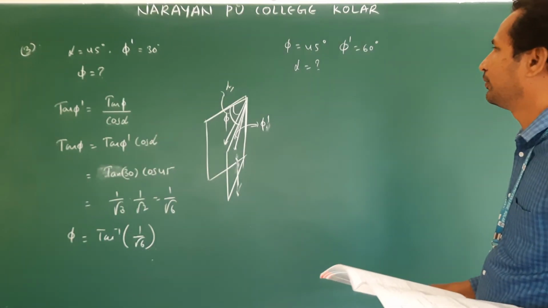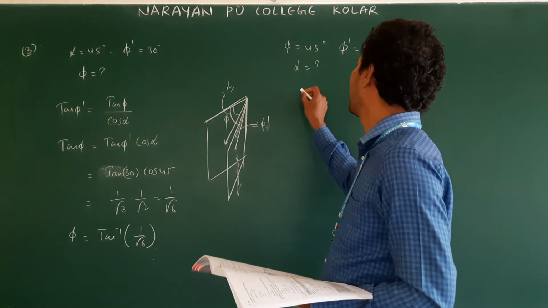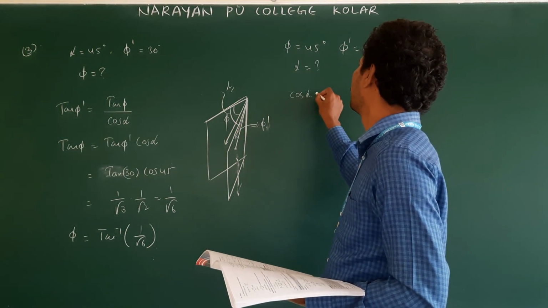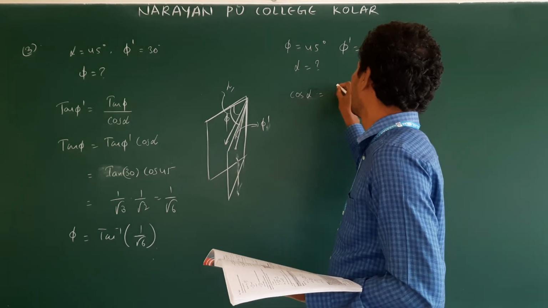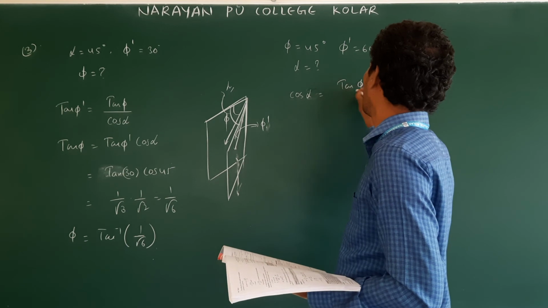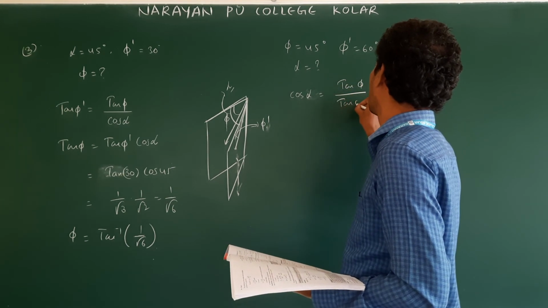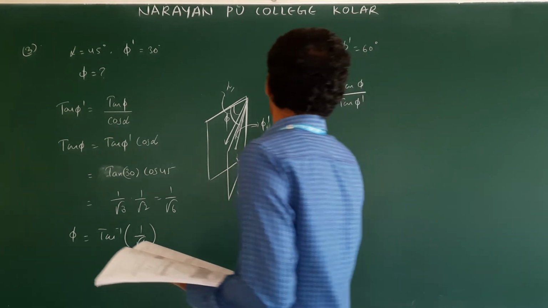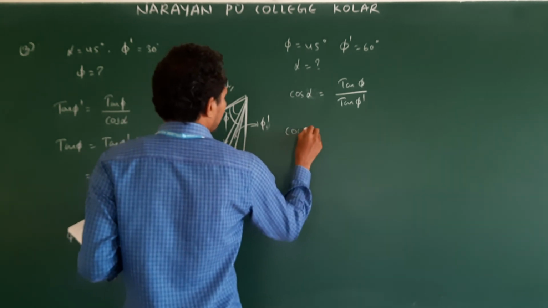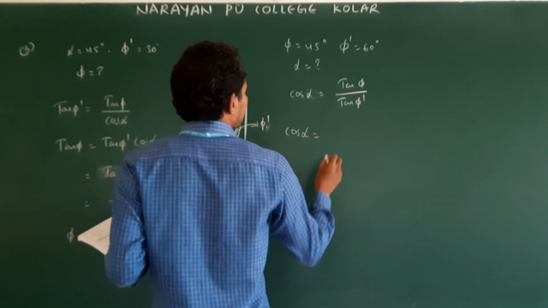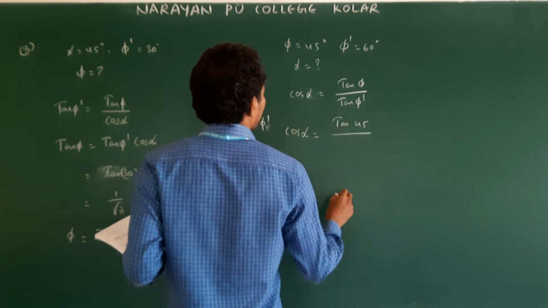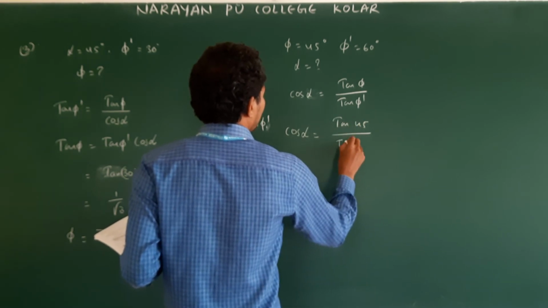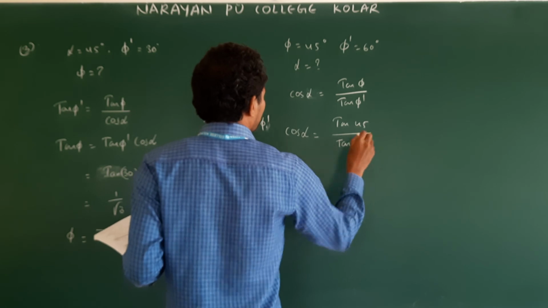Then alpha is asked. Follow the same formula. So from this I can write cos alpha is equal to tan phi by tan phi dash. Then cos alpha is tan 45 by tan 60.